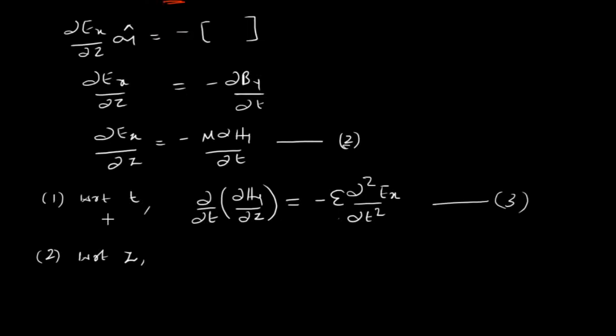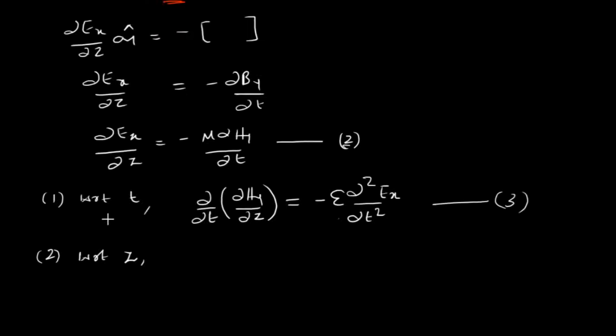Is that clear? You should understand that I am applying t on equation number 1 and z on equation number 2. This you have to follow, otherwise you are going to get stuck somewhere in the derivation. That's why I call it a mathematical adjustment, nothing else, just to make you remember with respect to which variable I have to differentiate which equation.